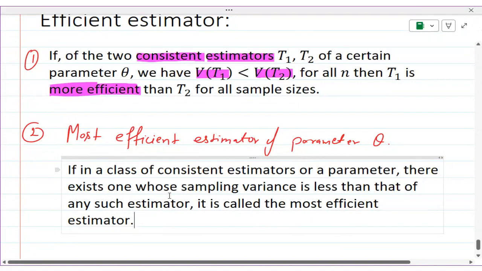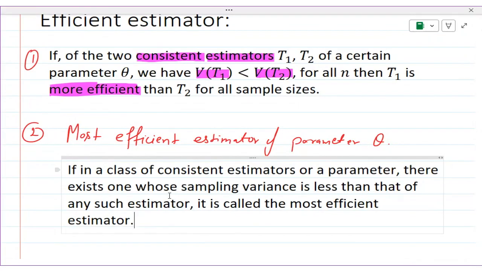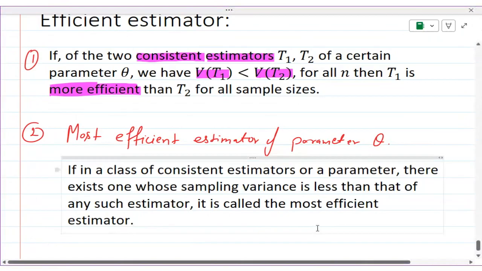The one whose variance is smallest is the most efficient. This comparison we do only among consistent estimators. First we need consistency, only then do we look at efficiency. If the estimator is not consistent, we will not look at efficiency. And out of the consistent estimators, the most efficient one we call the most efficient estimator.